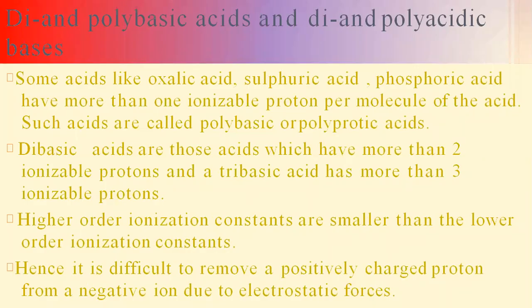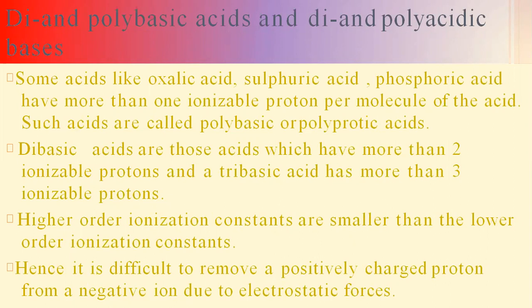If we talk about di- and polybasic acids and di- and polyacidic bases, what happened? Some acids like oxalic acid, sulfuric acid, and phosphoric acid have more than one ionizable proton per molecule. Such acids are known as polybasic or polyprotonic acids, which means acids that have more than one proton.